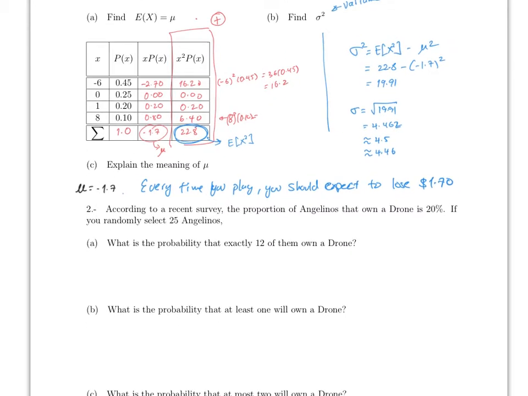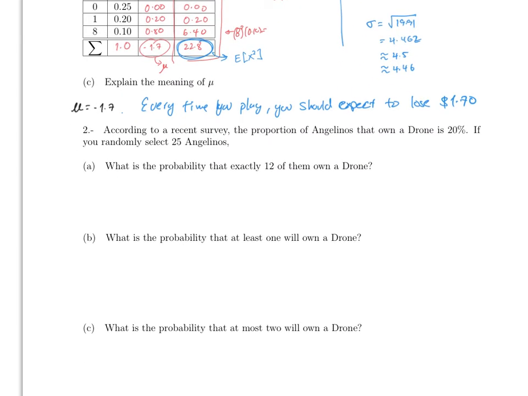All right, so let's move to number 2, which is binomial. How do we know this is binomial? Well, you either have a drone or you don't have a drone, and then you have a fixed sample of 25. So n is 25. Remember that I told you n is always given. And then p is given, or it should be obvious. In this case, p is given. What's the value for p? 20%, right?